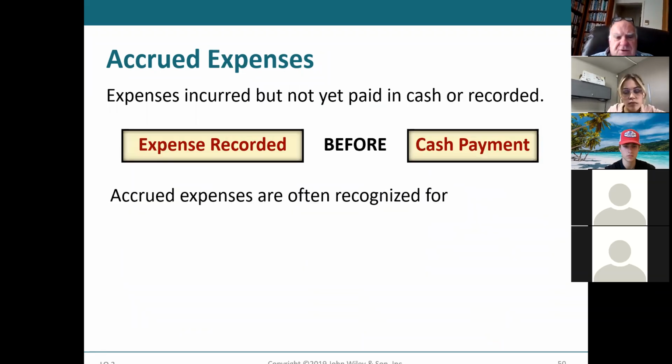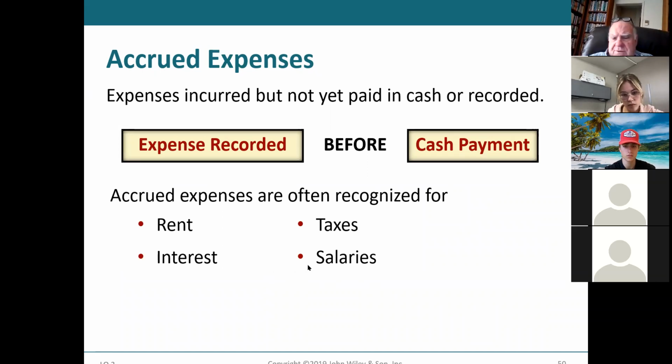Expenses incurred but not yet paid. This could be your electric bills, utilities, accrued expenses, taxes, interest, salaries. Let's talk about salaries. You've all been out in the workforce. We're all working people at one time or another. The last week of the month you worked and you make $100 a day.